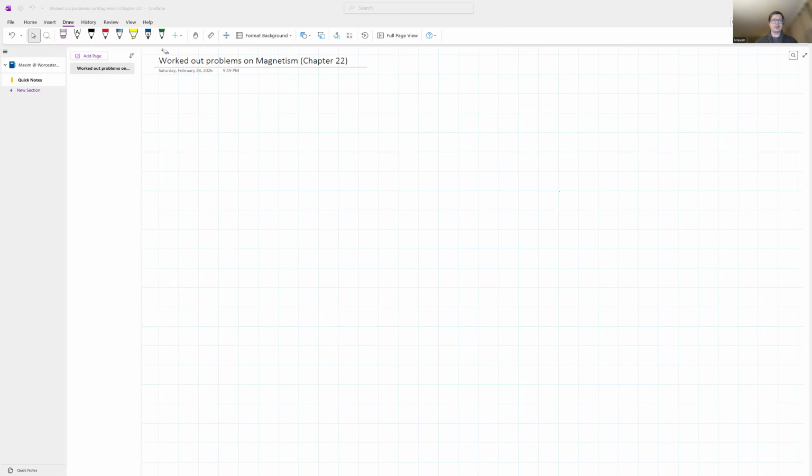The main idea of the chapter is that moving charges experience a force when in the presence of a magnetic field. So we could say moving charges feel magnetic fields, and magnetic fields are denoted by a B letter.